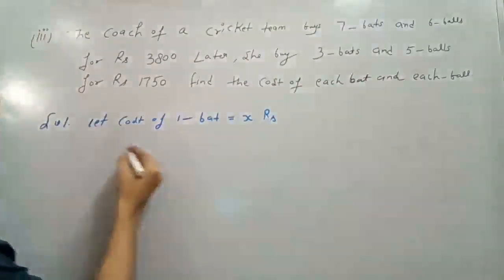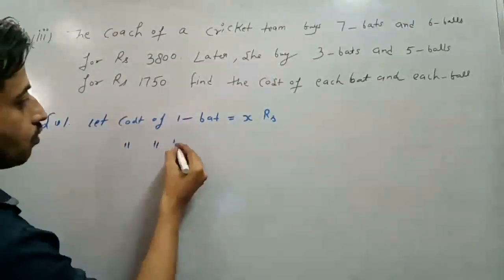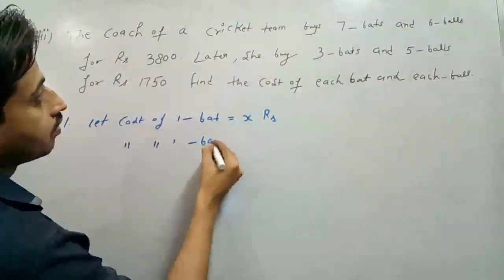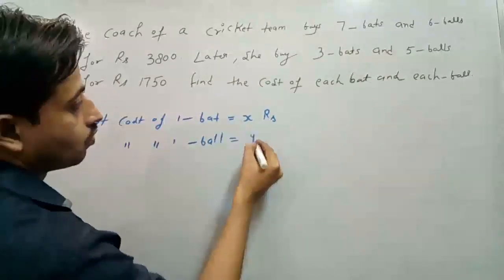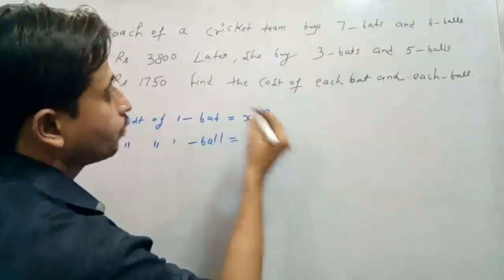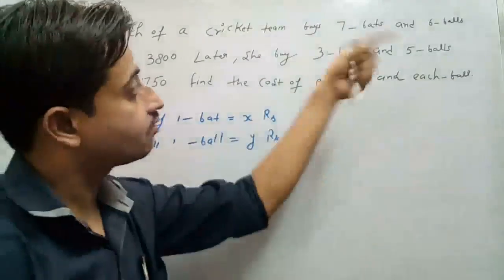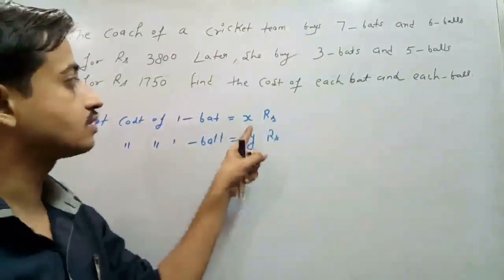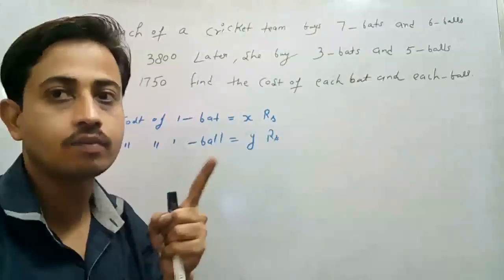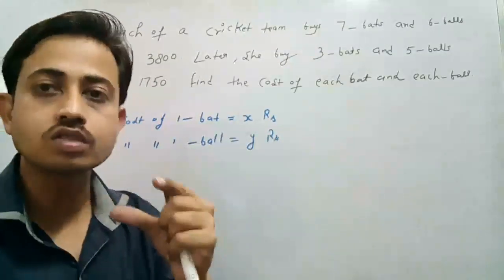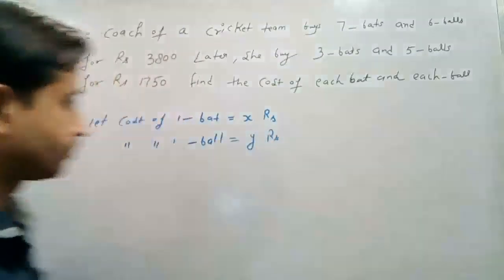Now the cost of one ball is y rupees. So if we purchase 7 bats, the cost of one bat is x, and we have to purchase 7 bats, then the cost is 7 into x.